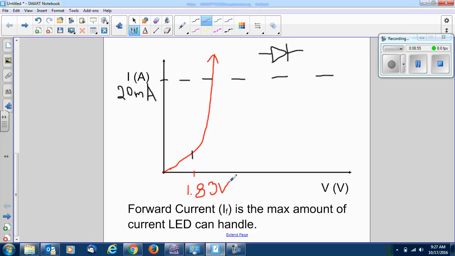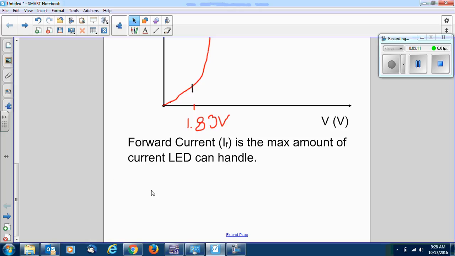Now, those numbers are not set in stone. I actually didn't have any data sheets for the LEDs that we have in class, so those are the ones that I think are the forward current and forward voltage. They're probably fairly accurate. So let me put down what forward current is.